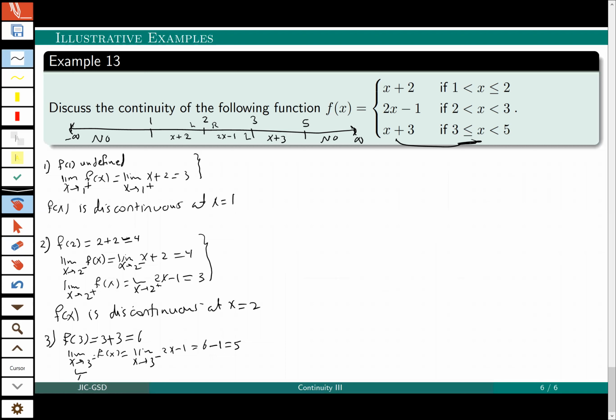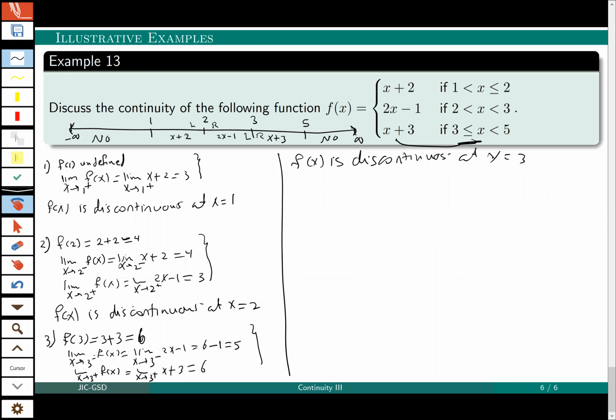And the limit when x goes to 3 from right will be x plus 3, so I'll get 6. Can we say continuous? They are not all equal, so we will say again f of x is discontinuous at x equal to 3.